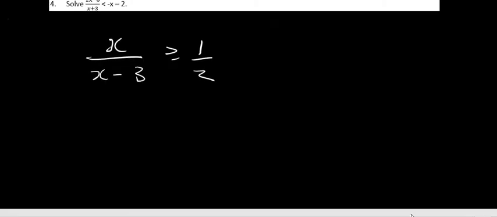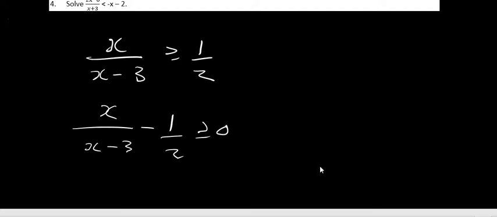But for inequalities, the rule is do not cross multiply. In this case, we are going to take this to the other side. So it's going to be x/(x minus 3) minus 1/2 is greater than or equal to 0.